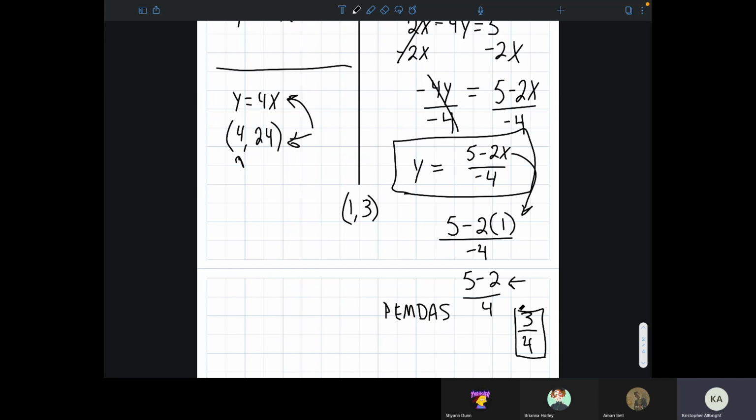So now we have 3 over 4 equals y. I just didn't write it here, but it is still there. So we know that this is not a solution because when we plug in 1, we get 3/4. Does this make sense?